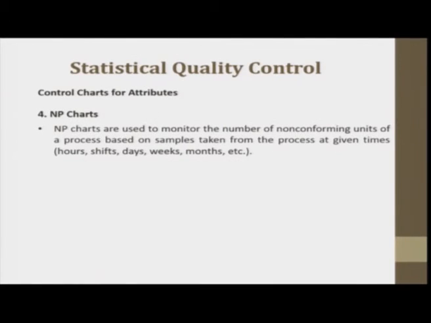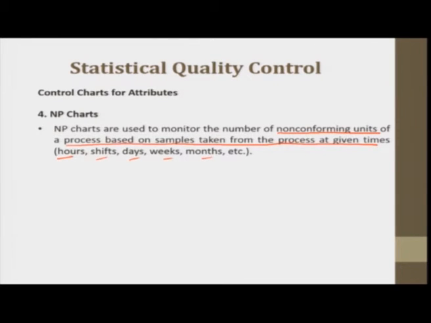So next comes the NP chart. After the U chart, we will discuss the NP chart. NP chart is similar to the P chart. NP chart is used to monitor the number of non-conforming units of a process based on samples taken from the process at a given time, maybe at specific hours, shifts, days, weeks, months, etc. Typically an initial series of samples is used to estimate the average number of non-conforming units per sample.